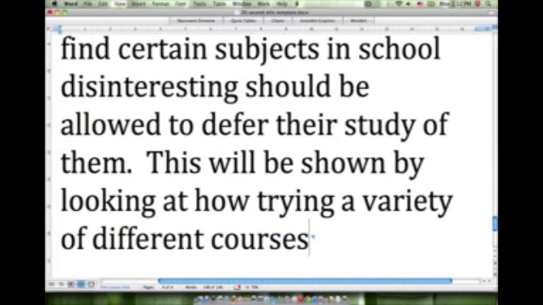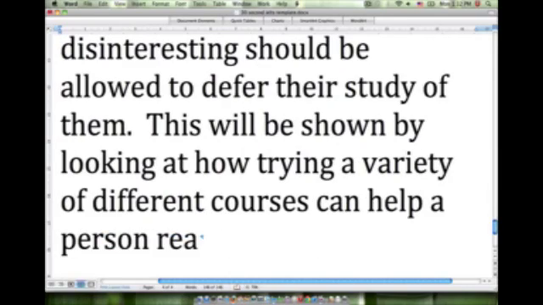Now, our point was that trying many different courses can help a person realize their strengths.